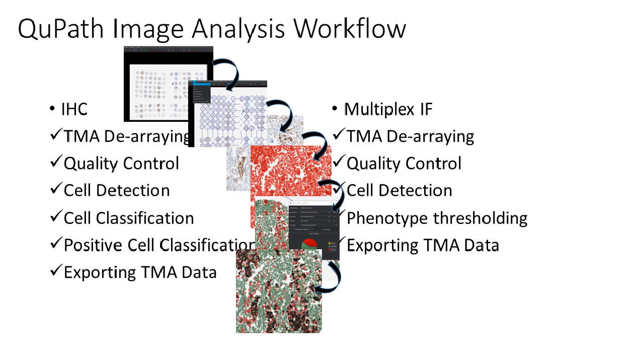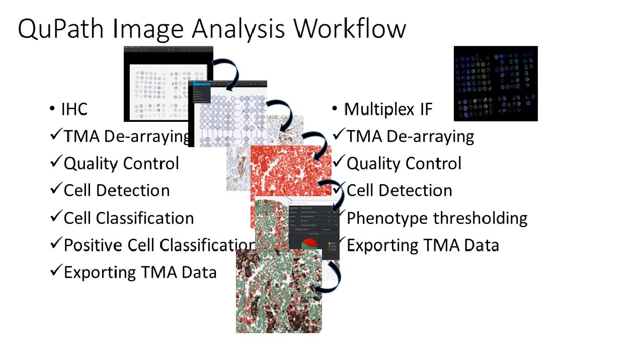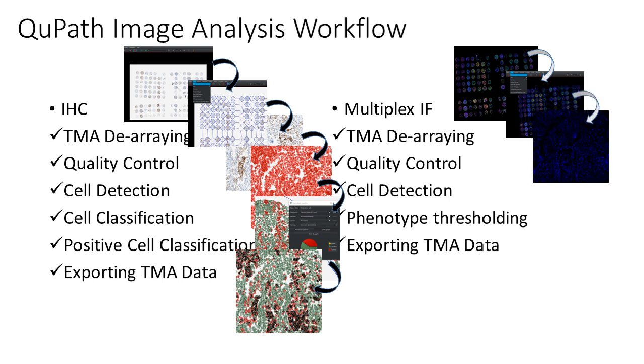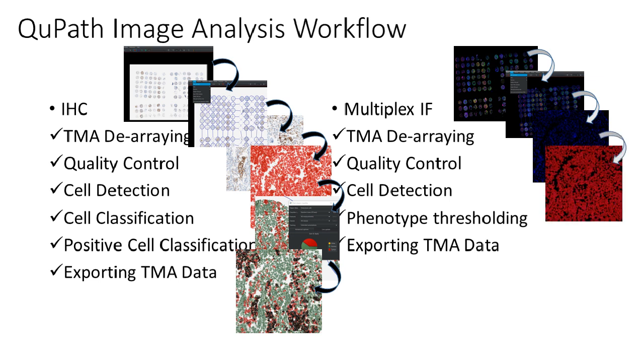When it comes to multiplexing, the steps are very similar: you import the image, and de-array or annotate if you're not dealing with TMAs. Again, intense quality control is absolutely essential. You can detect the cells, and this would be done with the DAPI channel in this instance rather than the hematoxylin. The principles are the same.